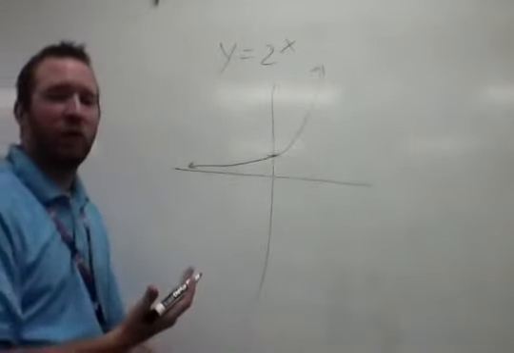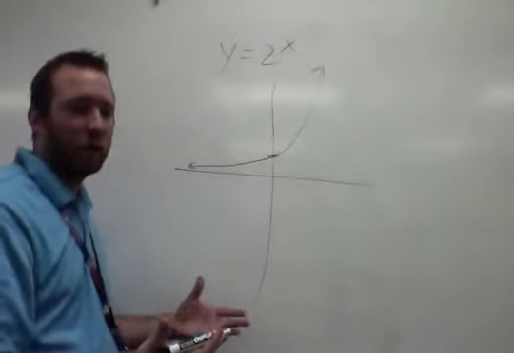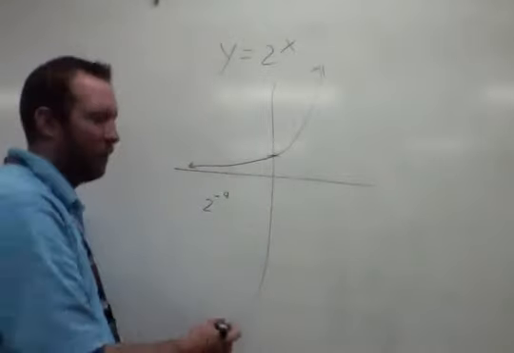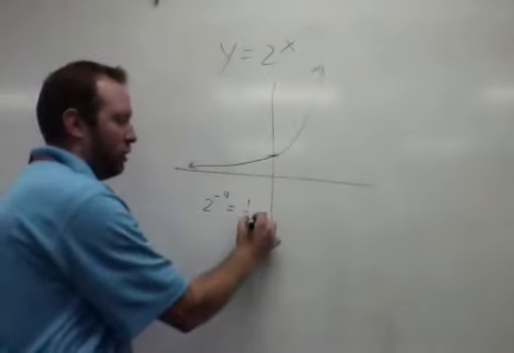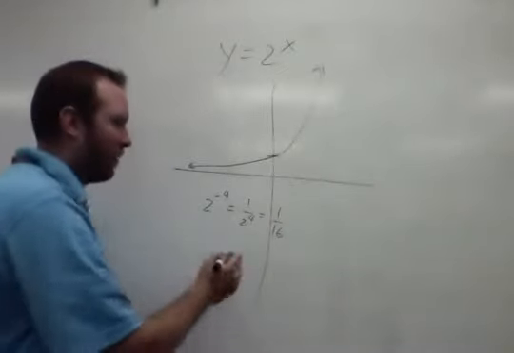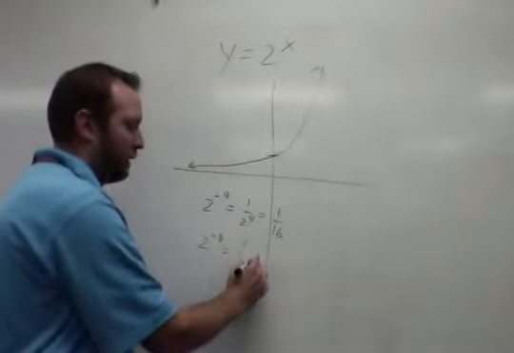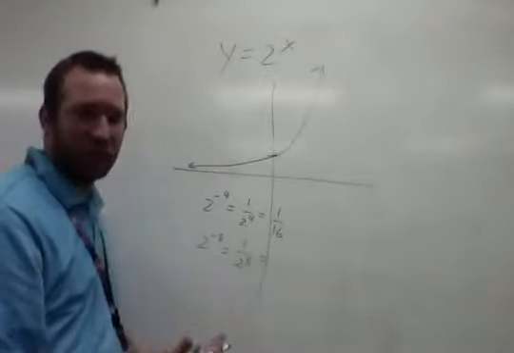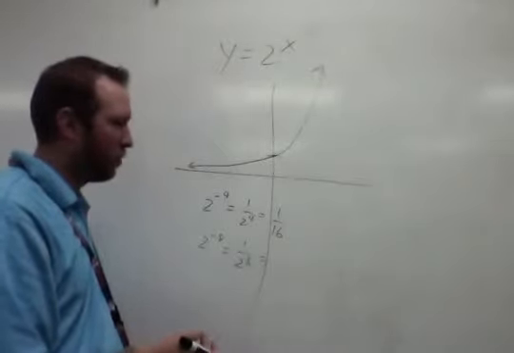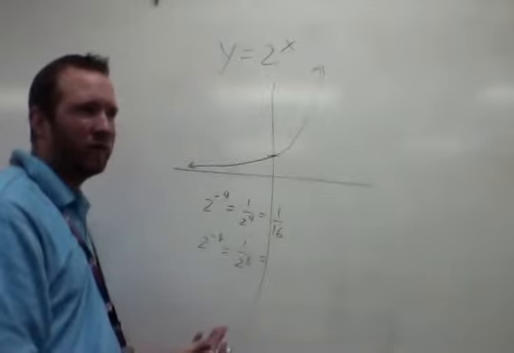Now the big reason why it levels off is from the properties of exponents worksheet that you had to go through. You take 2 to the negative fourth, that becomes 1 over 2 to the fourth, or 1/16. If I did something like 2 to the negative eighth, that would be 1 over 2 to the positive eighth. 2 to the fourth is 16, 32, 64, 128, 256.